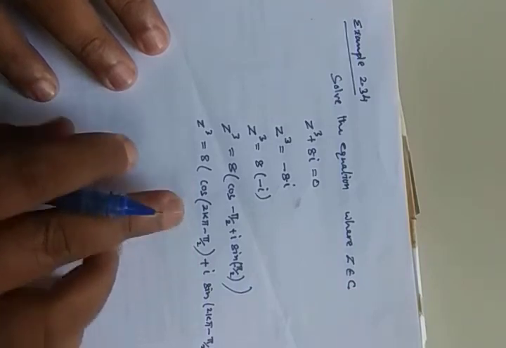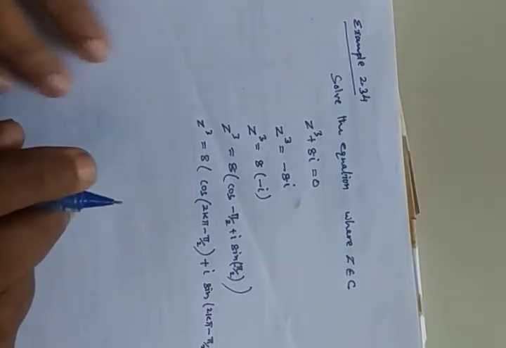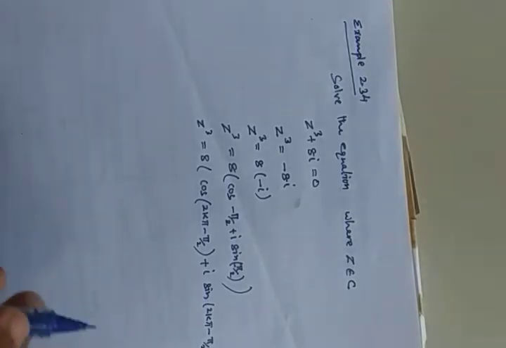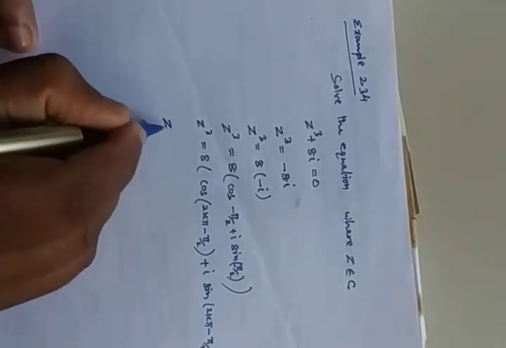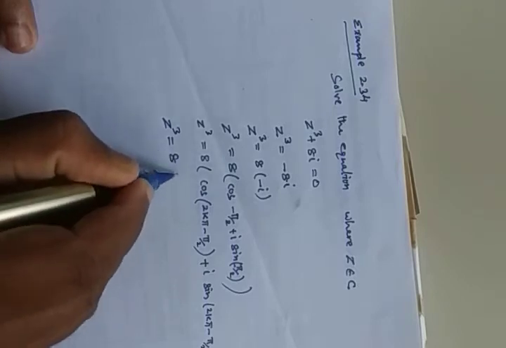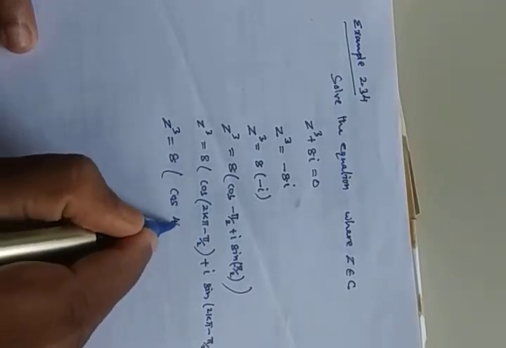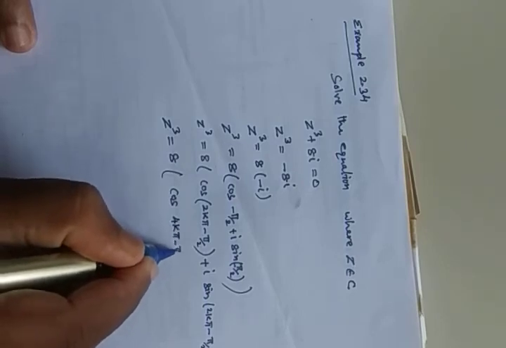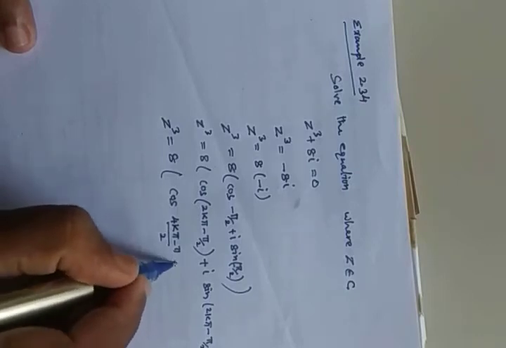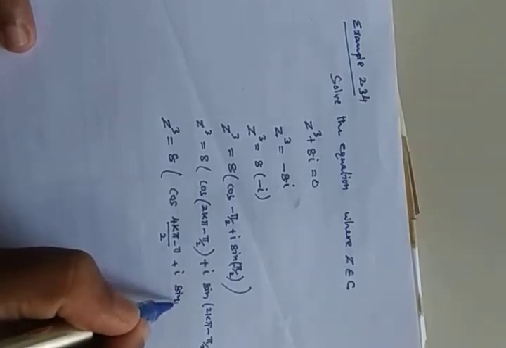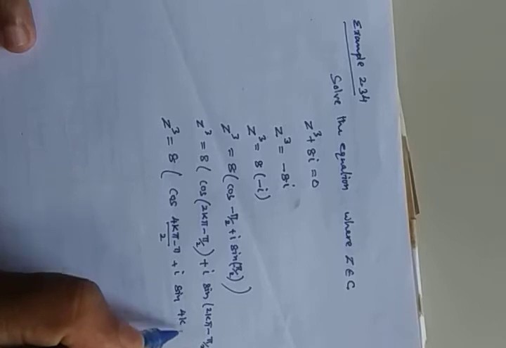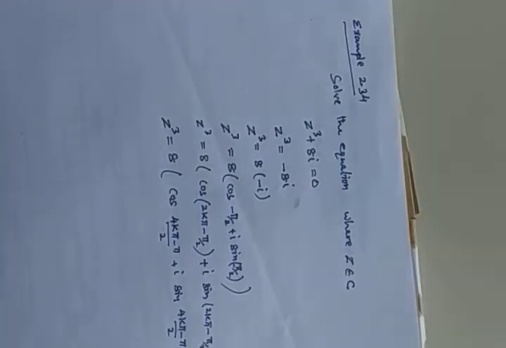Here if I solve this one, z cube equals 8, you are getting cos of 4k pi minus pi divided by 2, plus i sin of 4k pi minus pi divided by 2, because cross multiplication you are doing. So we got this value.